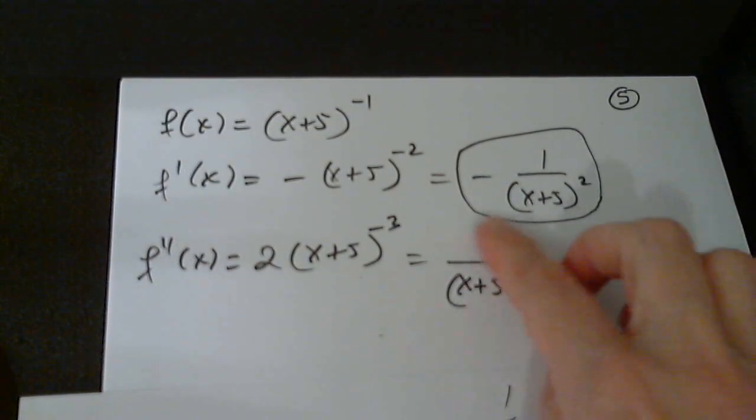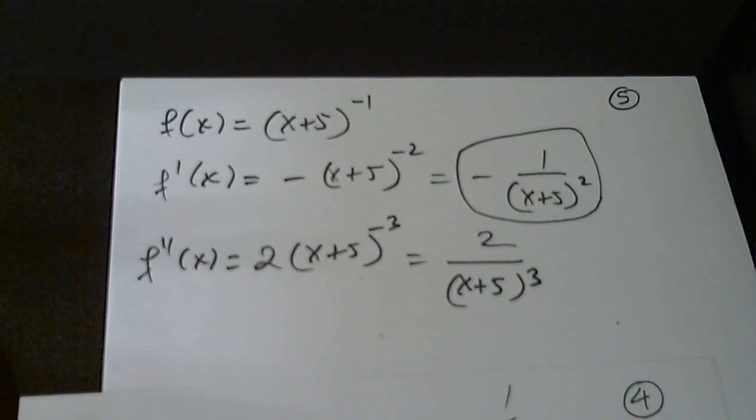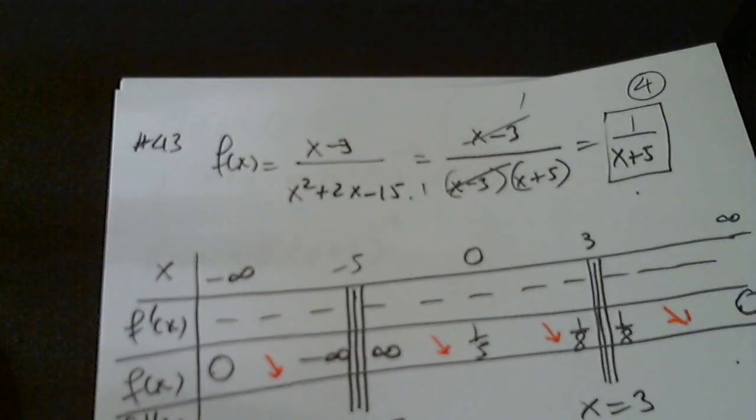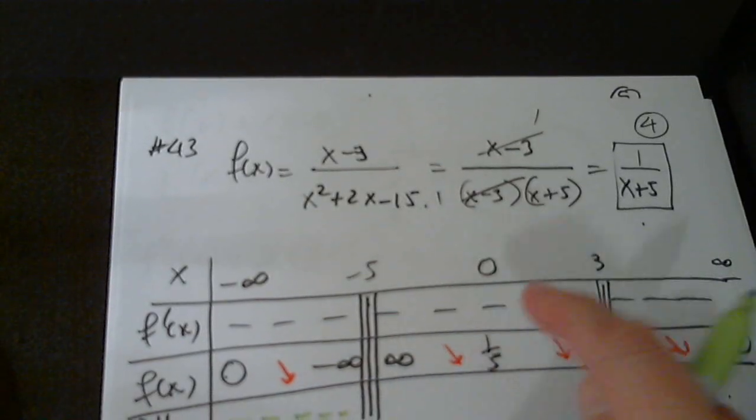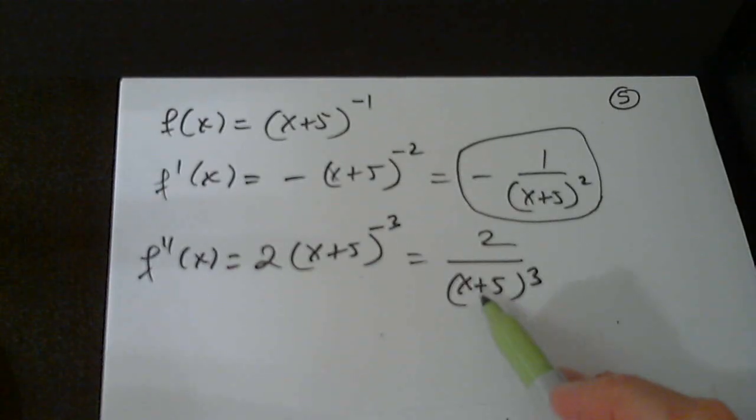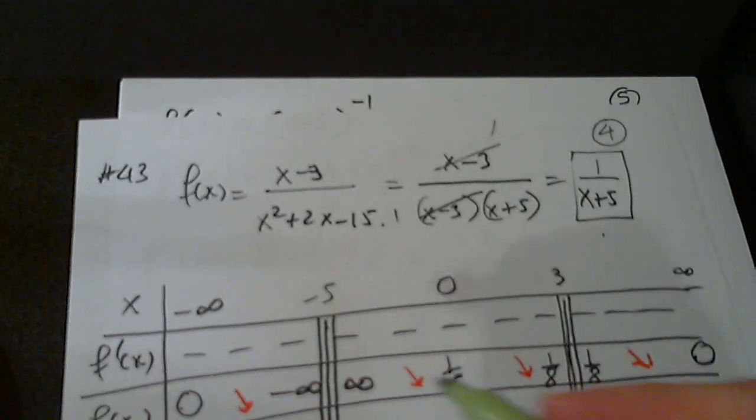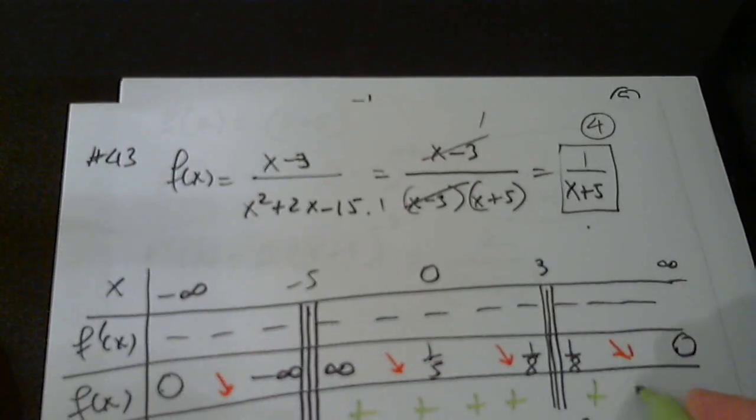If we plug in negative 10 in here, what is the sign? Negative. Indeed. Let's plug in 0. What is the sign? Positive. Okay. And of course, the same thing will be with 10, because the key is negative 5.